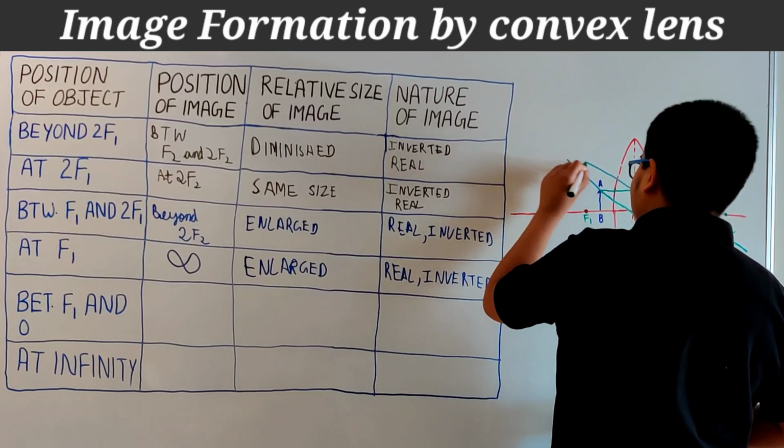And this line is passing the optical center only. So in this case, it will continue on the same path.